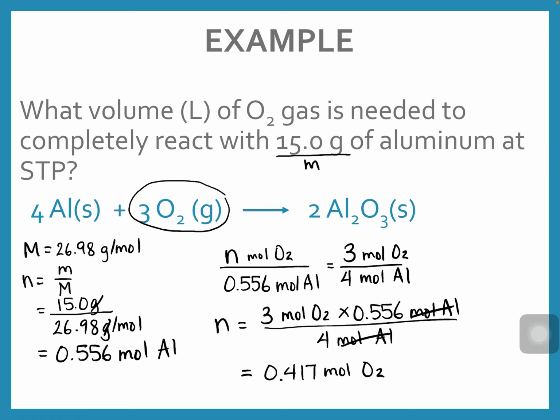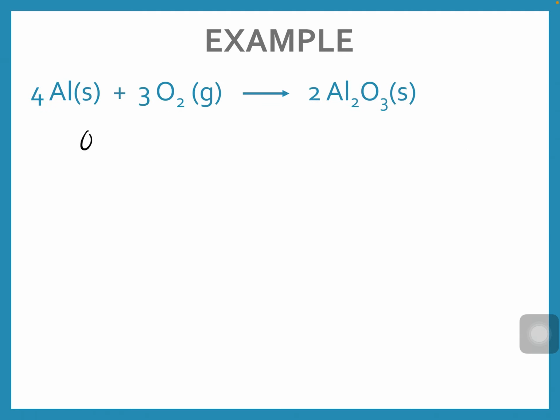So for 15 grams of aluminum, I'm going to need 0.417 moles of oxygen, and then I want to figure out what volume that is at STP. So 0.417 moles of oxygen, and at STP, every mole will take up 22.4 liters of space.